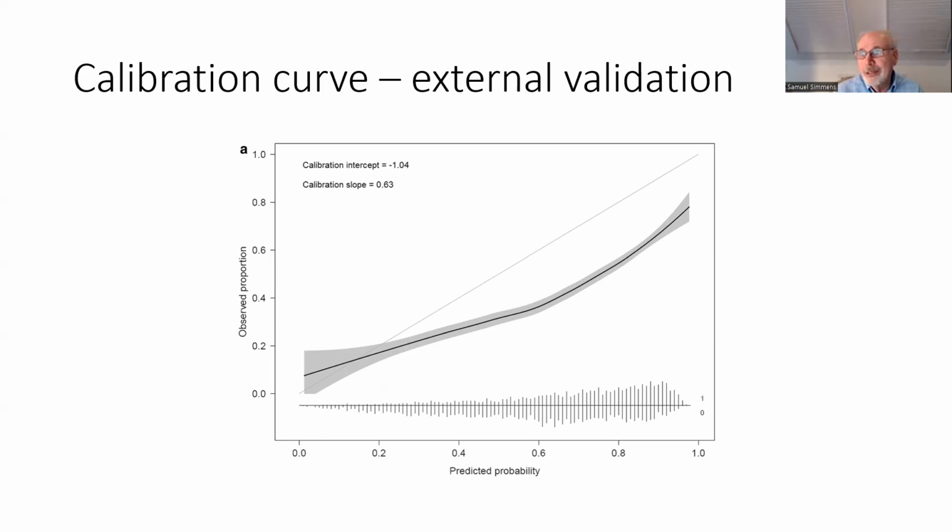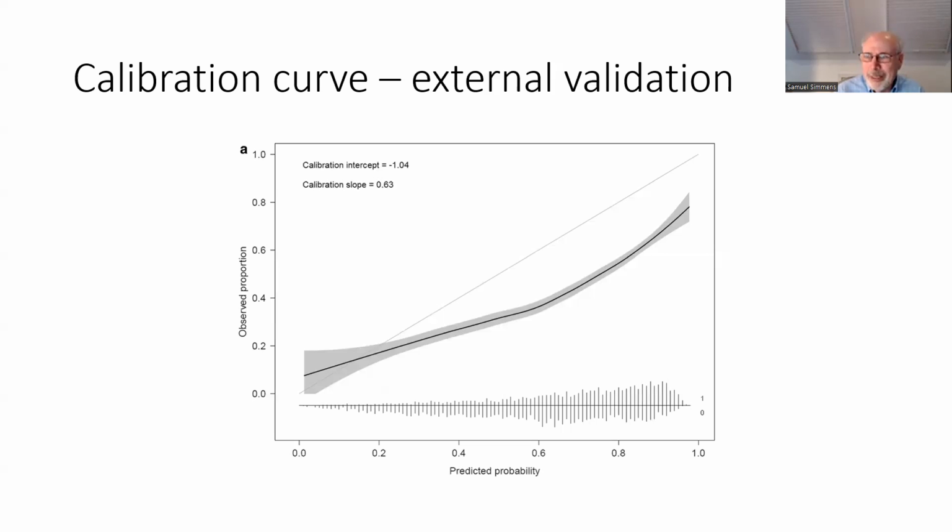So again, it's recommended that you do something like this if your sample size is, the rule of thumb I've seen is, at least 200 people who have the event and 200 who don't have the event. Then it's worthwhile doing this. The problem in smaller sample sizes is the calibration curve is probably going to be too shaky, so it may not be very informative.